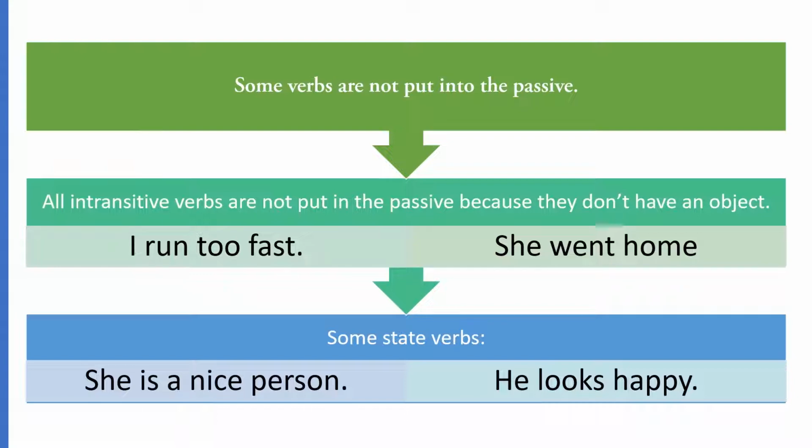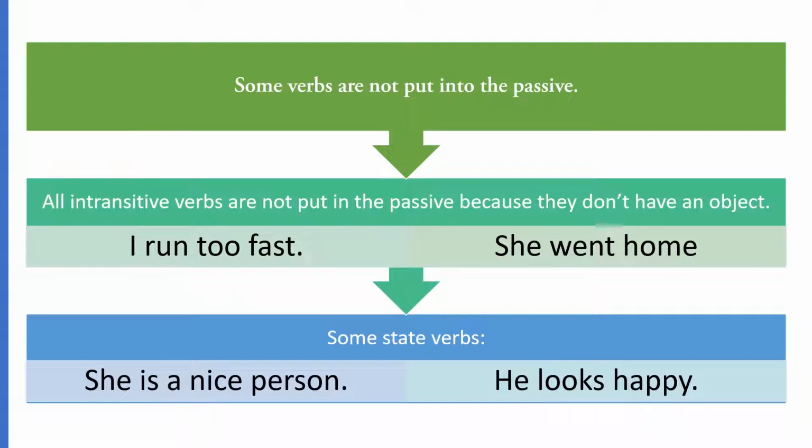Some state verbs also are not put into the passive voice when we describe a state. Let's look at these two examples. "She is a nice person." We have the verb to be here, and we are describing a state. We can't put this sentence into the passive voice. Also, "He looks happy."